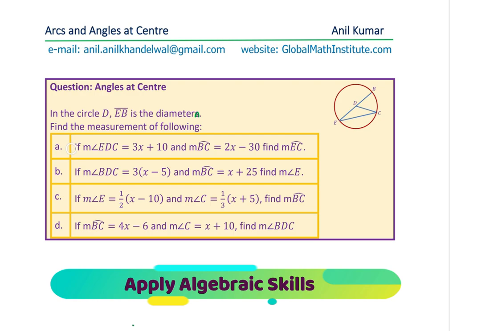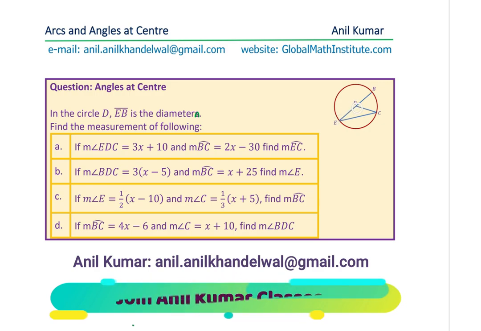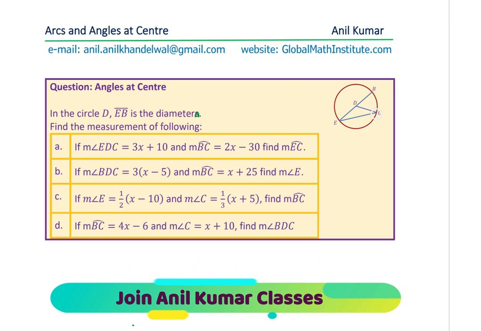A: if measurement of angle EDC equals 3x plus 10 and measurement of arc BC is 2x minus 10, find the measurement of arc EC. So if angle EDC is given to you, so EDC is this central angle, and the arc BC is given to you, which is right there, then you have to find the arc EC.